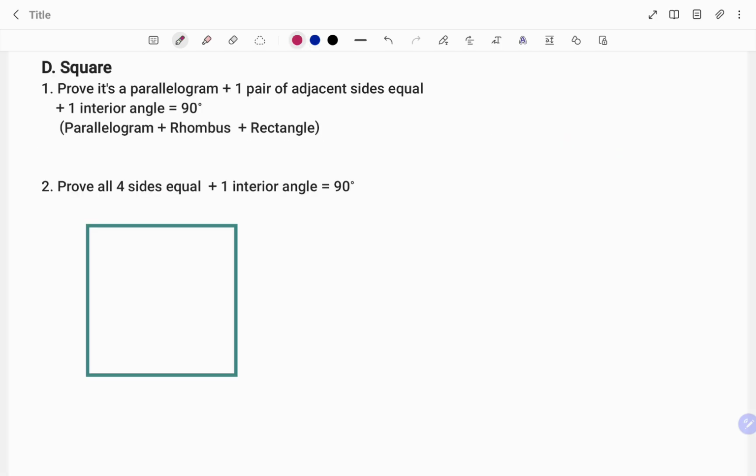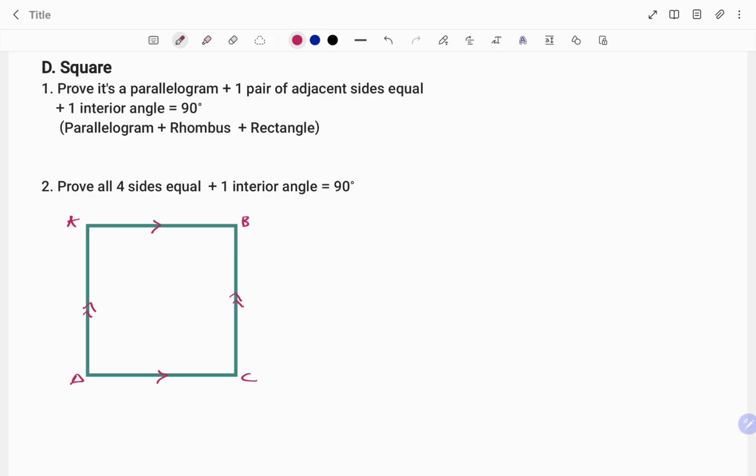To prove that a quadrilateral is a square, one, you can prove that it's a parallelogram. What that means is the opposite side, let me tag the side A, B, C, and D. Opposite sides are parallel, as shown. That's the line AB is parallel to CD, or the line AD is parallel to BC.